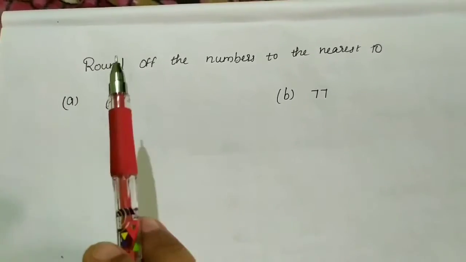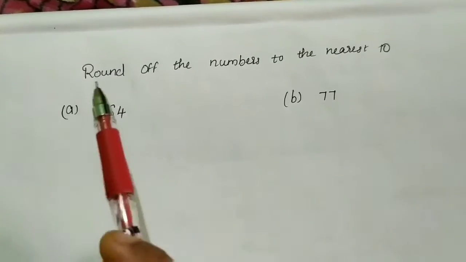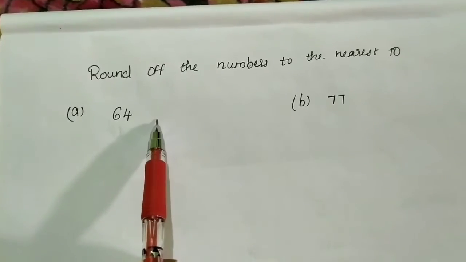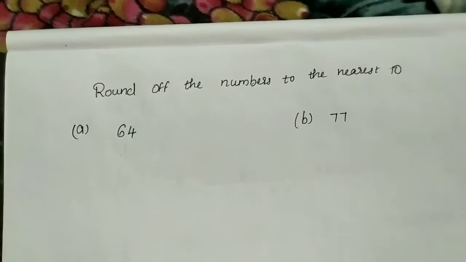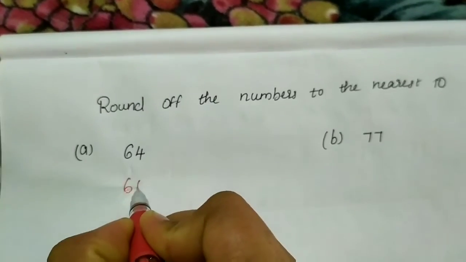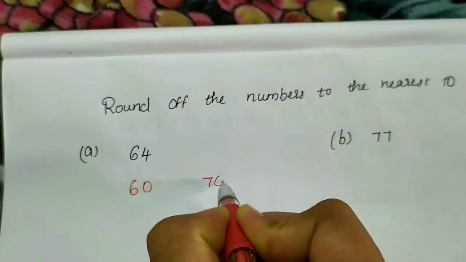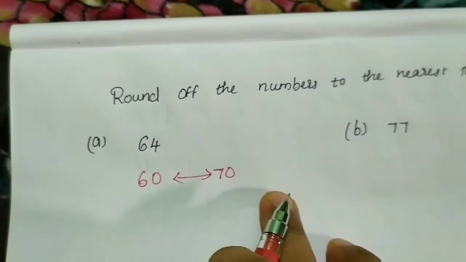First one, round off the numbers to the nearest 10. First one, 64. We have to round off this number to nearest 10. Then this number 64 is in between 60 and 70.